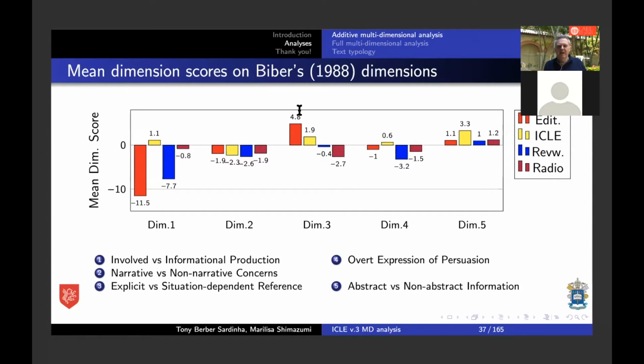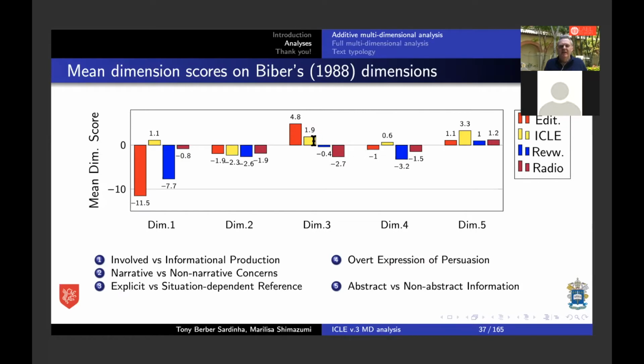Editorials and ICLE essays are really explicit, meaning they will mention what their references are. So they will say things such as at the university in Australia, in this country, rather than say here, now, you know. So they're very, very explicit. Whereas reviews and radio are not.